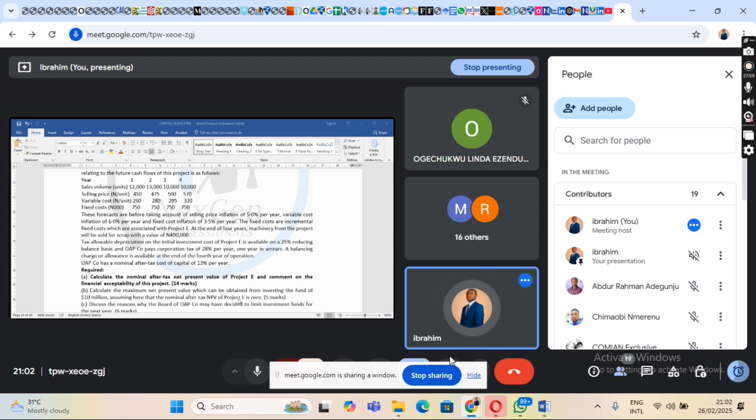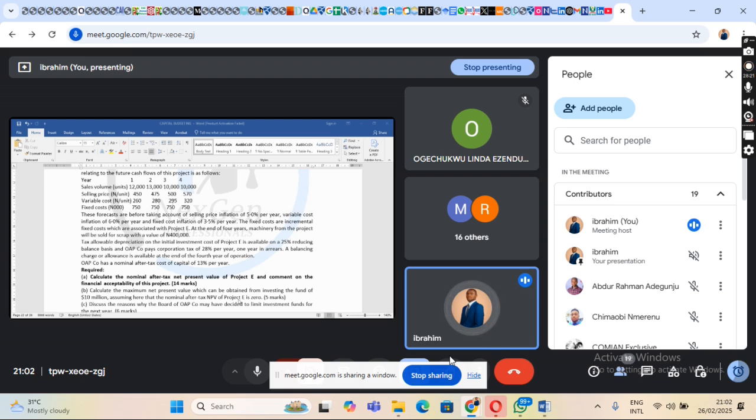450 is real. 475 is real. That 475 is supposed to be accumulated over year one and year two. That is why it will now become money. So in year one, the 450 will be raised to the power of 1.